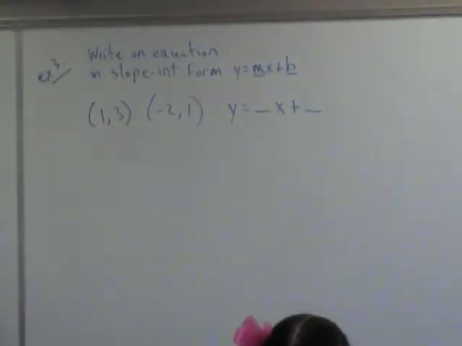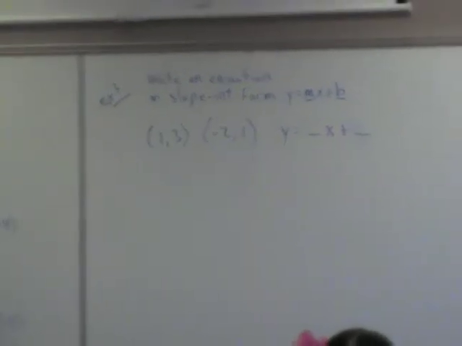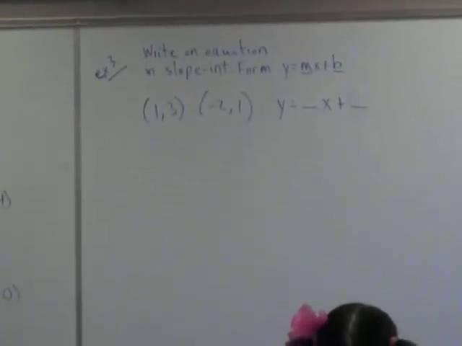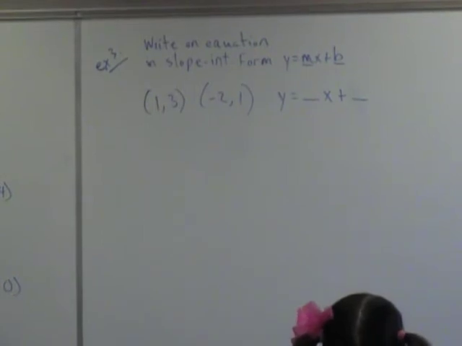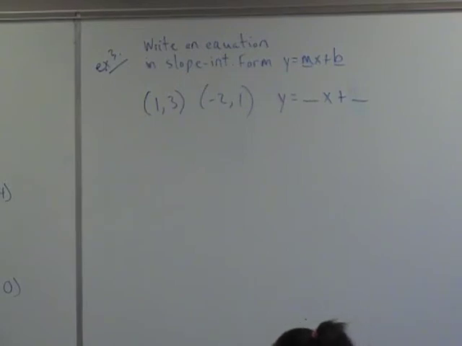Find the slope between those 2 points. That's the easy part. You're finding m. Remember, slope is m. So you can fill in the first blank once you figure it out.